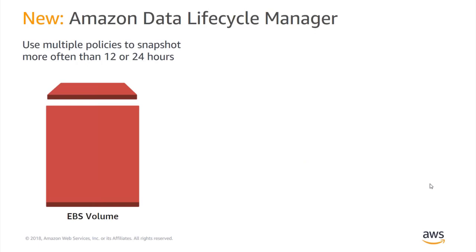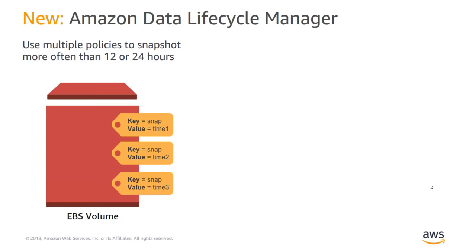Now currently, DLM allows you to take snapshots either every 12 hours or every 24 hours. If you need to take snapshots more often than this, you can use multiple tags on the same volume. So for example, let's say we want to create a snapshot every 8 hours and retain 7 days worth of snapshots. We would go ahead and add 3 tags to our volume to be backed up.